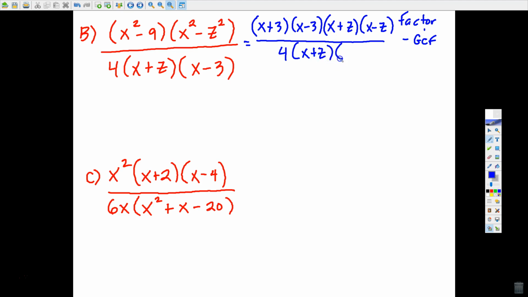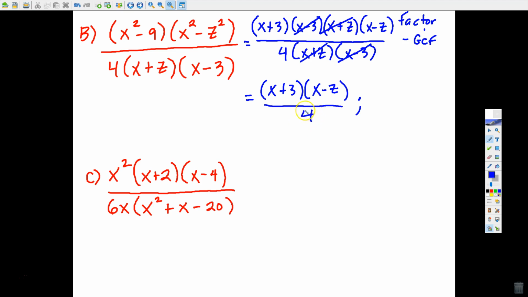And now it's just a matter of looking for matching factors between the numerator and the denominator that can cancel, like x minus 3, like x plus z. And now everything that's not marked out will represent our answer. X plus 3, x minus z, all over 4. Now to answer the question, under what conditions would this be undefined?